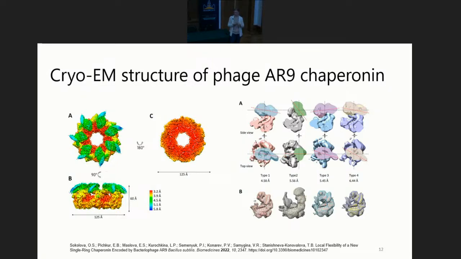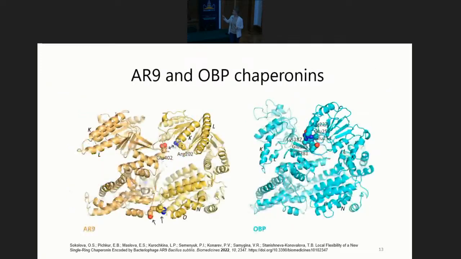And again, it's just a topic for further research to study how this flexibility of apical domains is related to functions of chaperonins. Here is again the comparison of AR9 and OBP. So I think the KL helices, here they face downwards. These are helices from the apical domains, and here they face sideways, just like in GroEL.